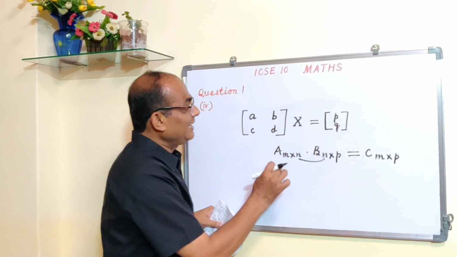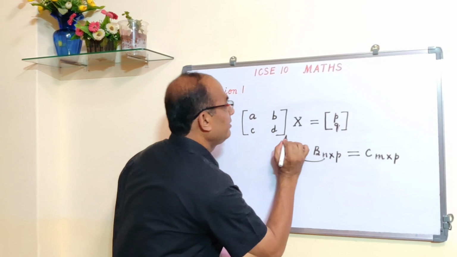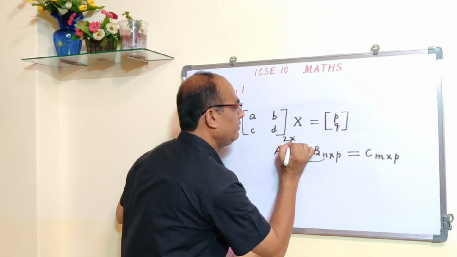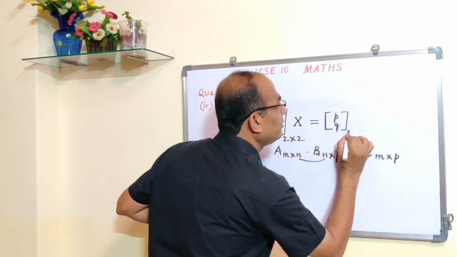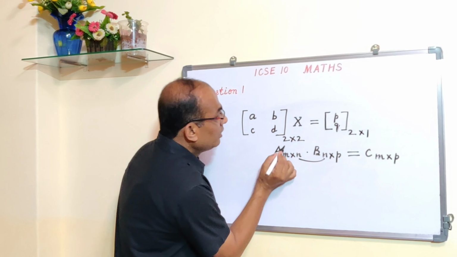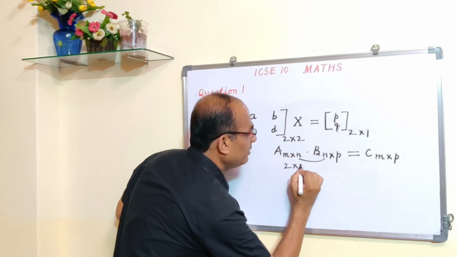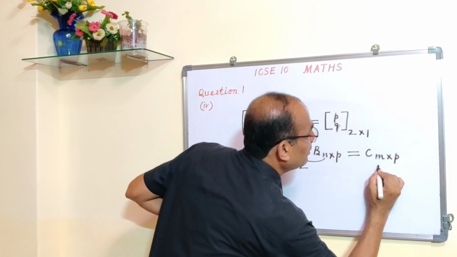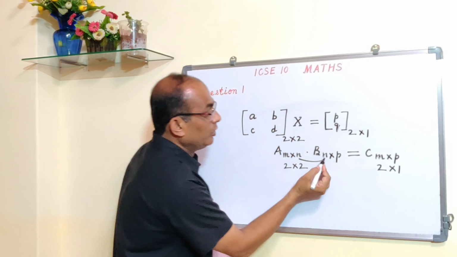Alright, so now in our case, this is given and this is given. M by n is 2 by 2. Please understand, this is 2 by 2. And this is 2 rows and 1 column, 2 by 1. So m by n is 2 by 2, and m by p is 2 by 1. What do you want?